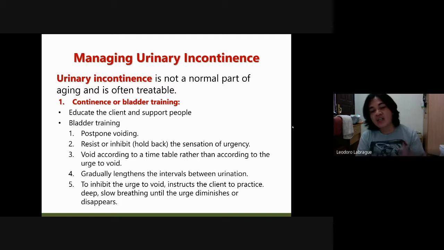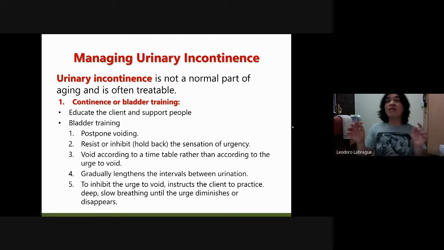What else? Gradually lengthen the interval between urination. Once your urination is every 2 hours, you cannot void in between. As you go along with the training, you can lengthen the interval. You can say, okay, now that you can control it every 2 hours, we will improve the interval.